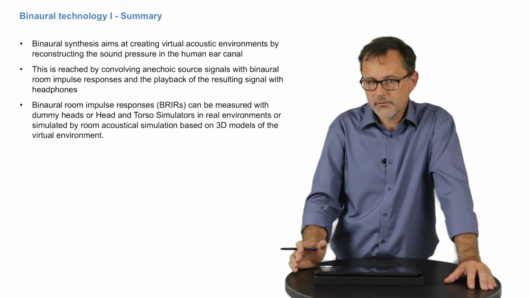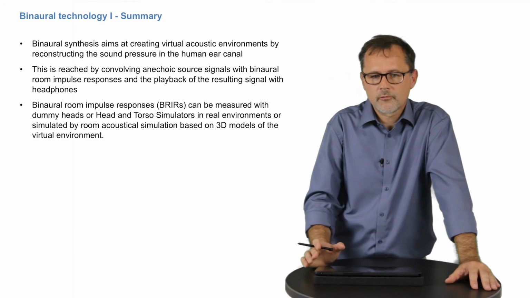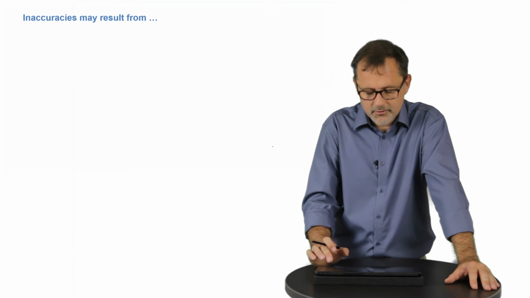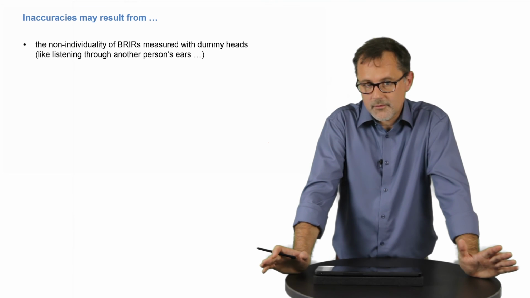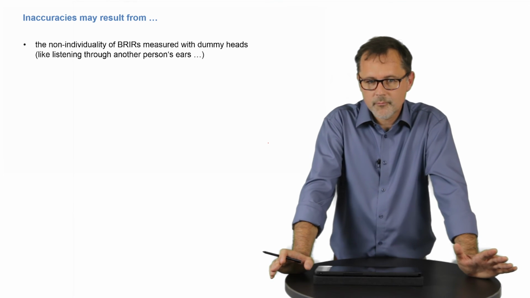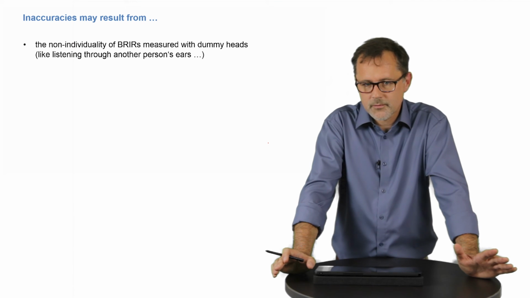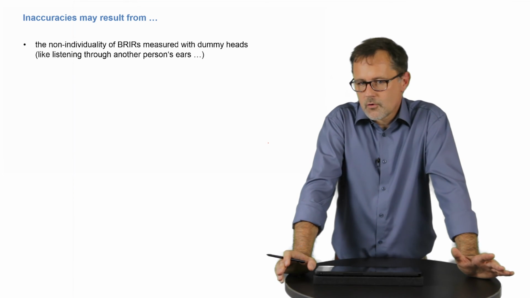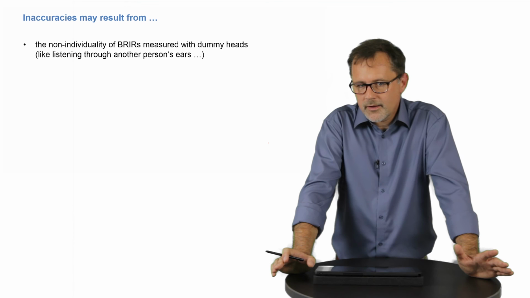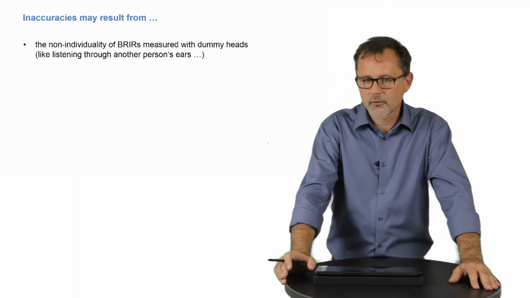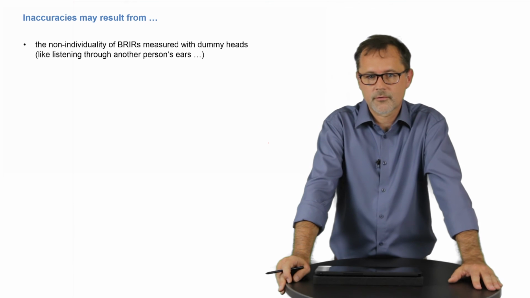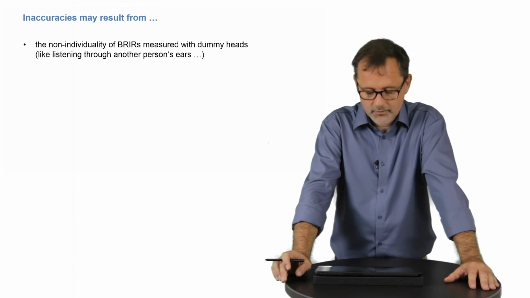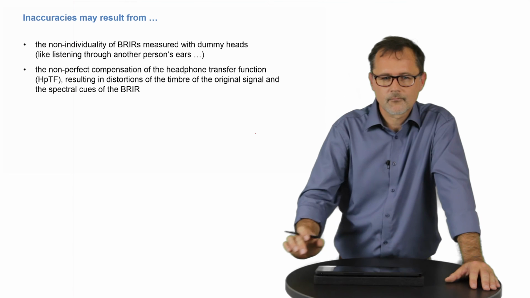So, binaural synthesis needs a careful control of all processing steps, and inaccuracies may result from, for example, the non-individuality of BRIRs measured with dummy heads. Using the BRIR of a dummy head is like listening through another person's ears, unless you use your own ears for the recording, which was mentioned as an option too.